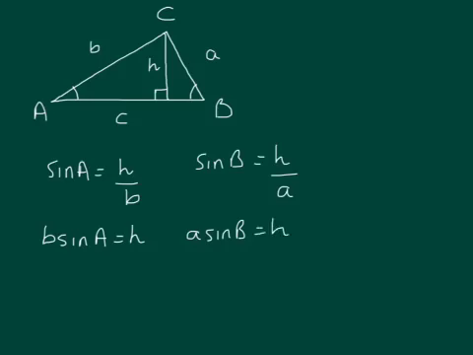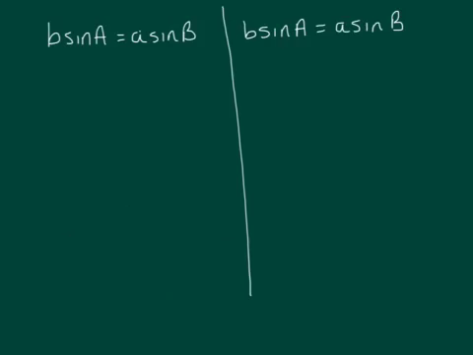Because these two terms are then both equal to H, they must both be equal to each other. So we can then write it as B sine A equals A sine B. This equation can be rearranged in two ways.